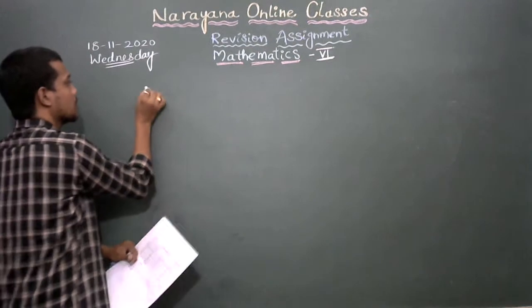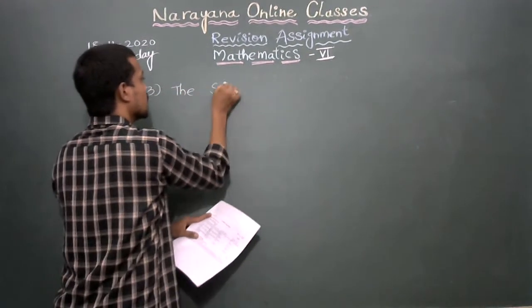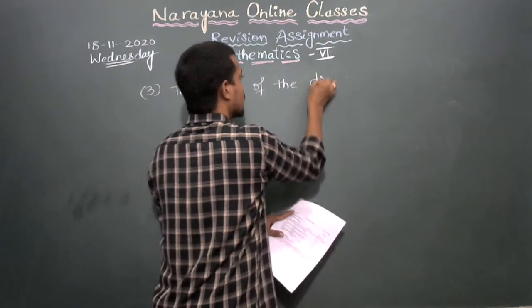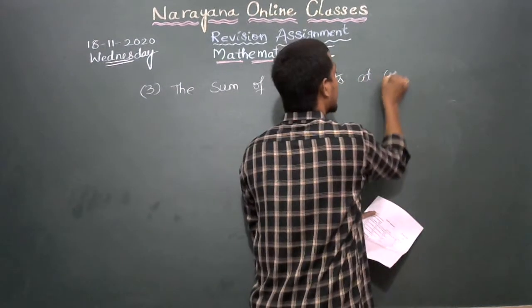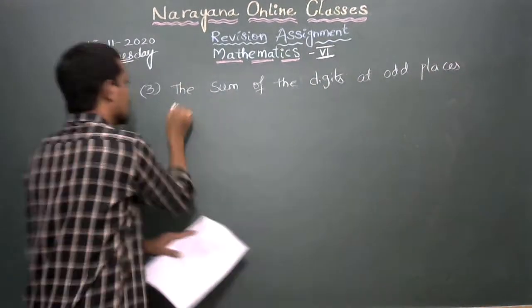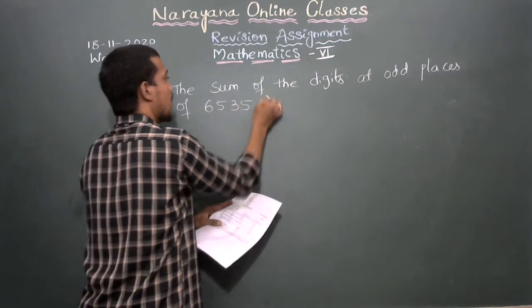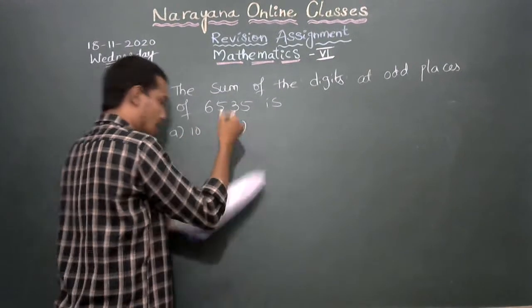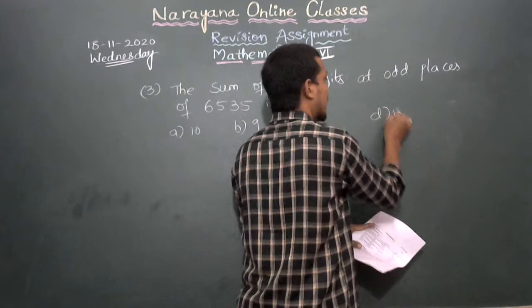Now third question. The sum of the digits at odd places of 6535 is? Option A, 10; option B, 9; option C, 8; option D, 11.